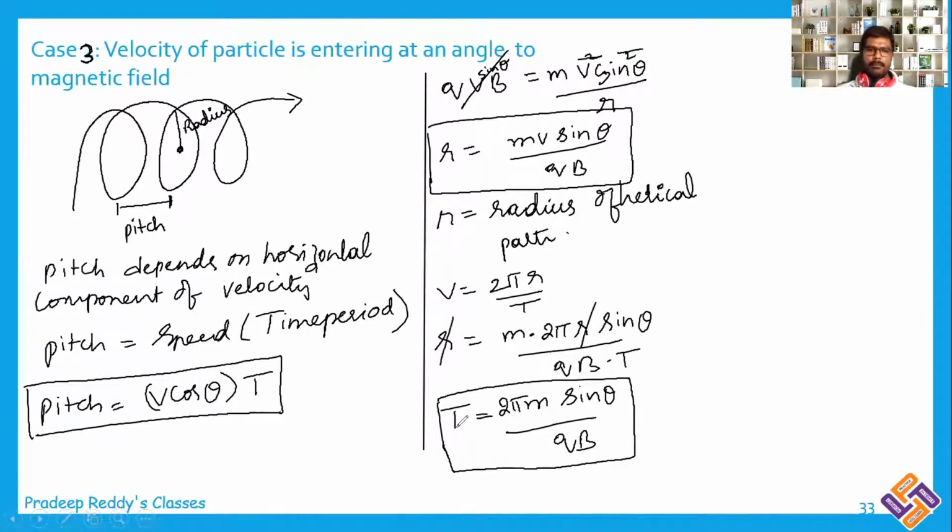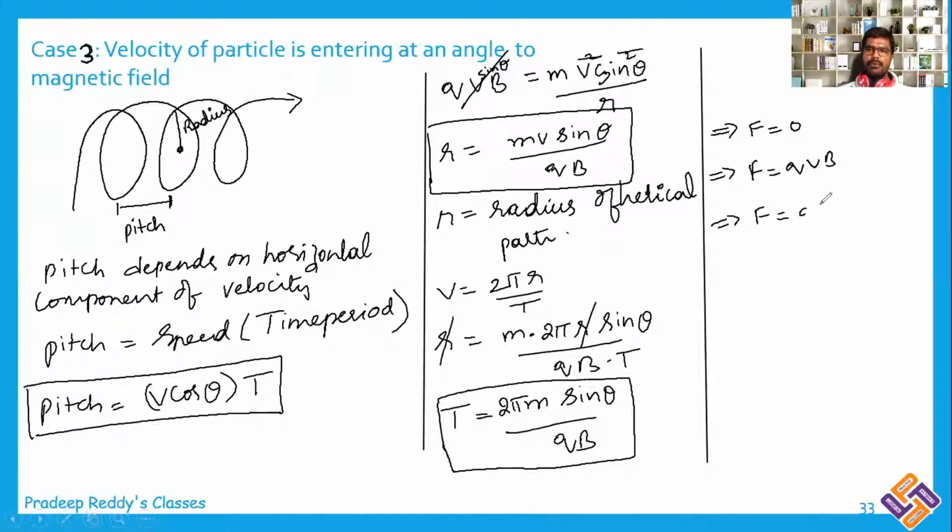Now you can take this time period and substitute here so that you can find the pitch of the helical path. That is case number 3. In the first case F is equal to 0, in the second case F is equal to QVB, and in the third case F is equal to QVB into sin theta.